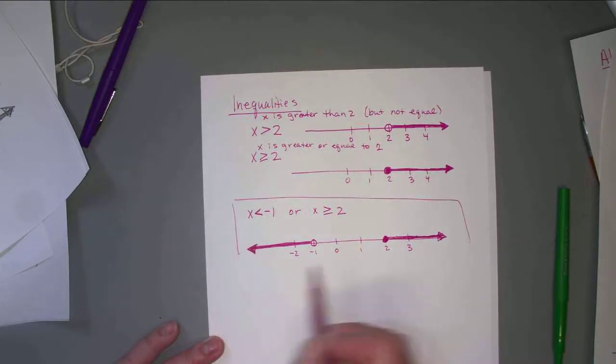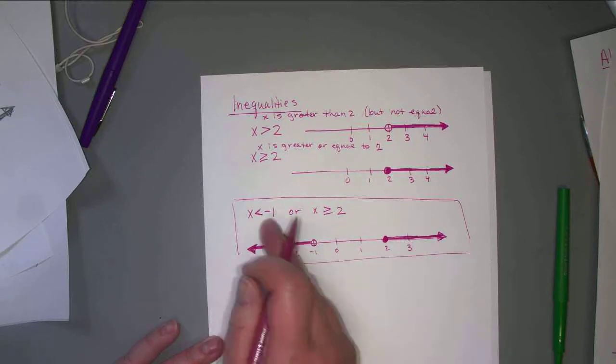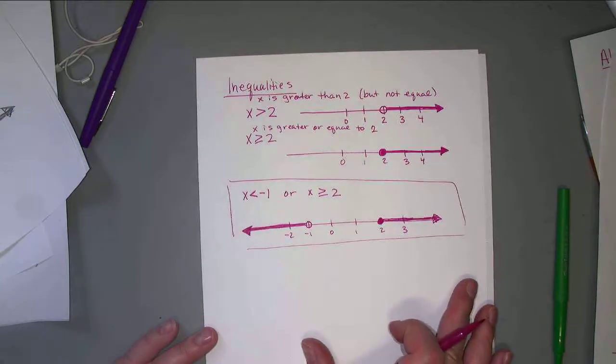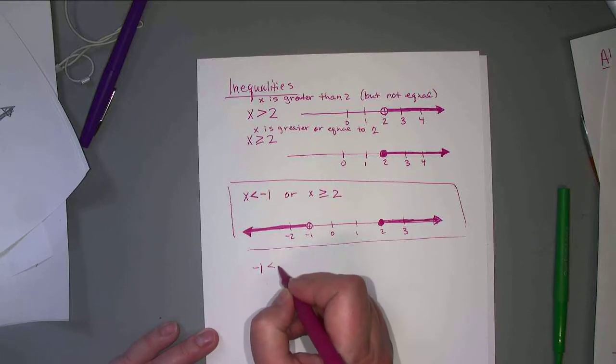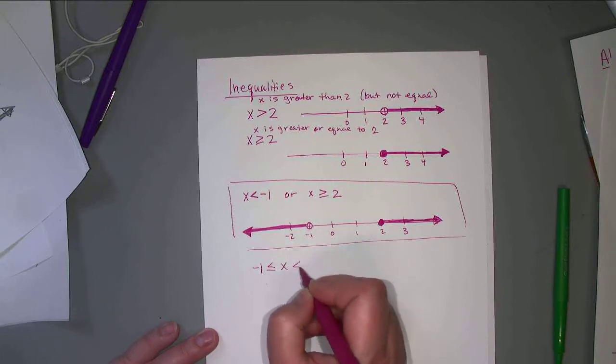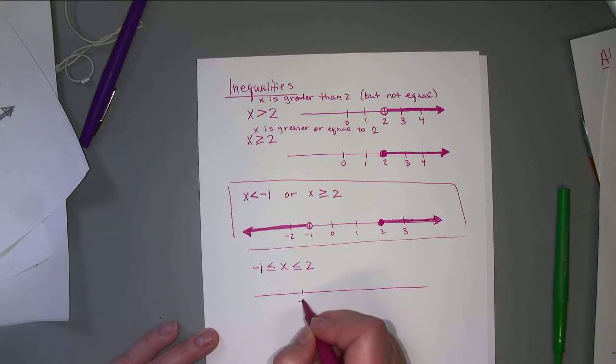And you can't combine these in any way, so you can't put them into one. When there's two separate pieces, there has to be two separate inequalities. So when can you put them as one inequality? And that is when they're in between two values. Let's say we wanted the numbers in between -1 and 2.